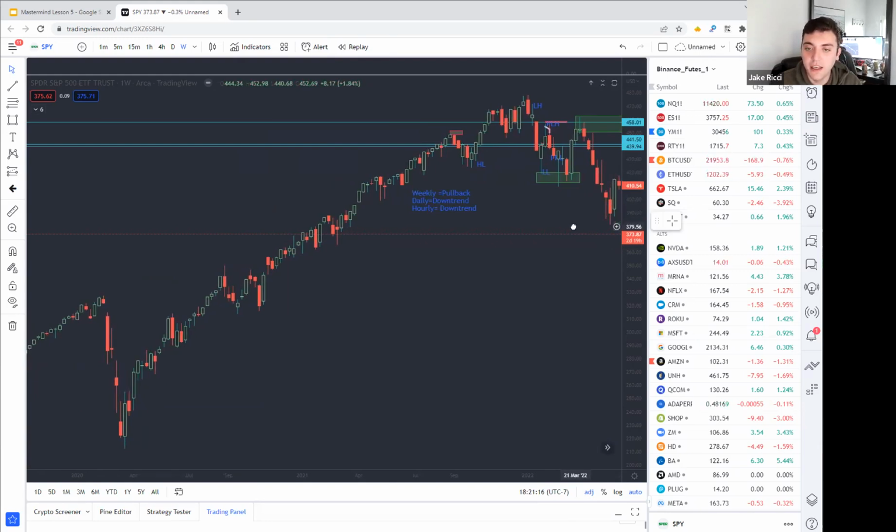Totally a possibility, especially with this follow-up bar, that we could have gotten another push up towards maybe the 430 area. And would that have changed anything from a trend perspective on the weekly? No, it just wouldn't have.